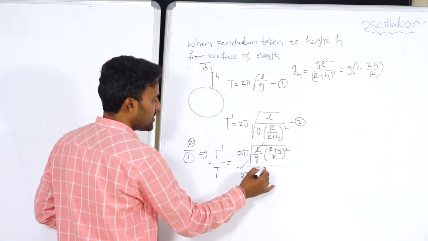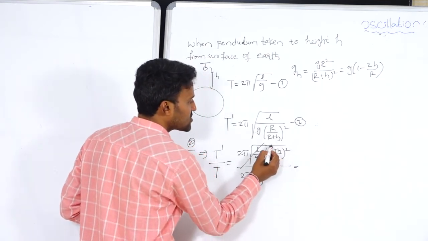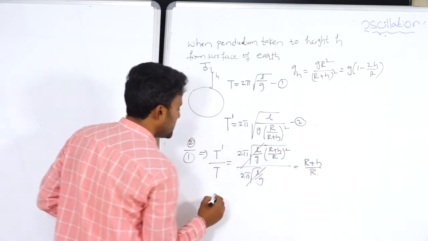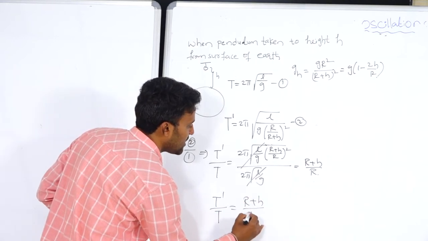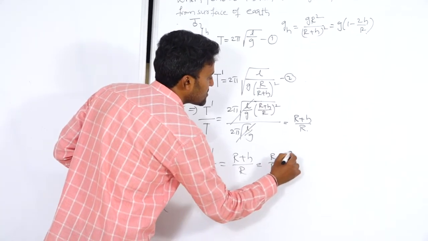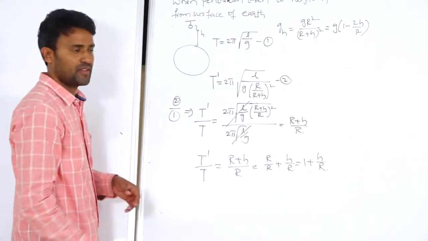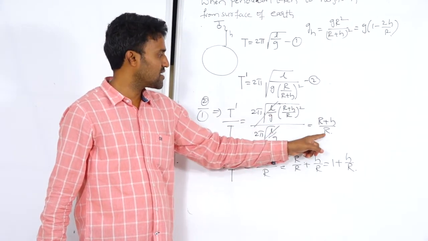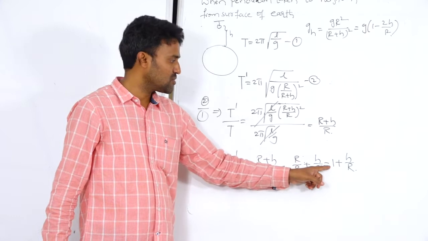See here, 2 pi under root of L by g and 2 pi under root of L by g get cancelled. What is remaining here? Square and square root get cancelled. We can write R plus H divided by R. So T dash by T is equal to R plus H divided by R. This equation you can write as R by R plus H by R, that is equal to 1 plus H by R. R by R is nothing but 1.